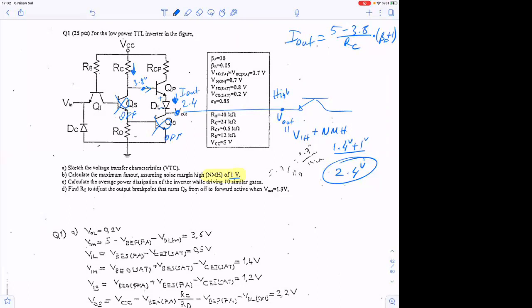So that's how you find the I out current, and the I in current for the output high case is also very easy to find. We learned from your previous courses, examples.